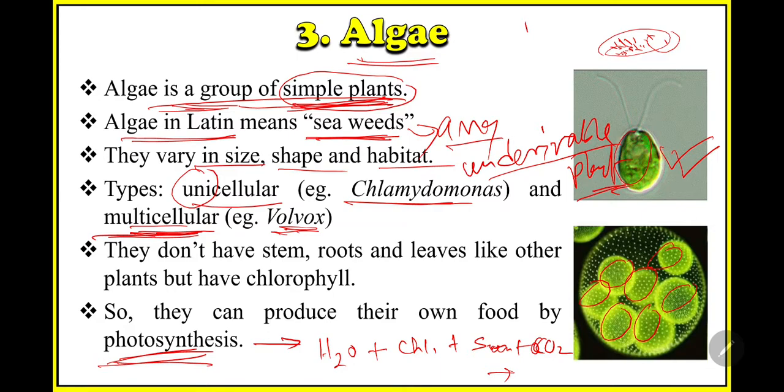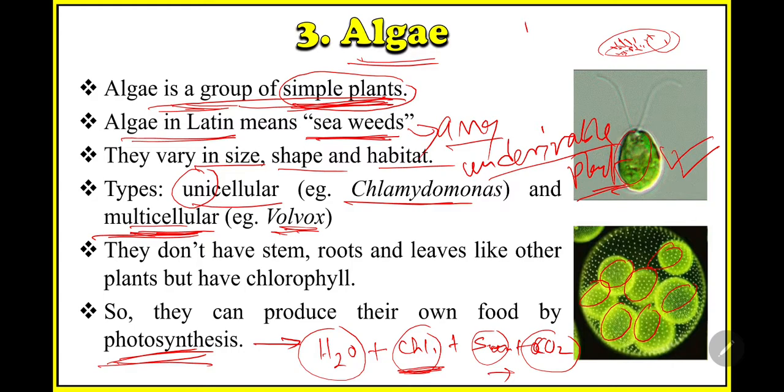In photosynthesis, what happens? Plants take water from soil, chlorophyll is present in their leaf, and they take energy from sunlight and carbon dioxide from the environment. This chlorophyll is the main factor for which plants can produce their own food.